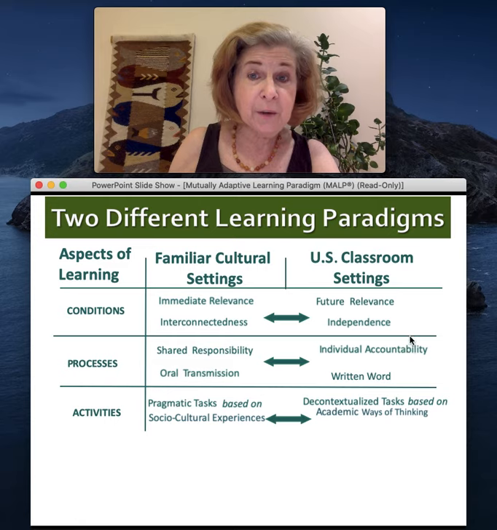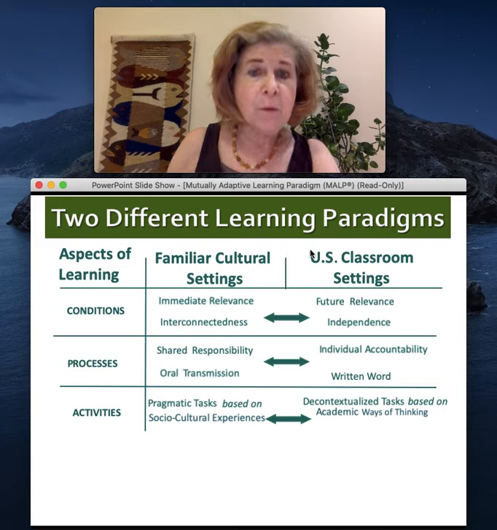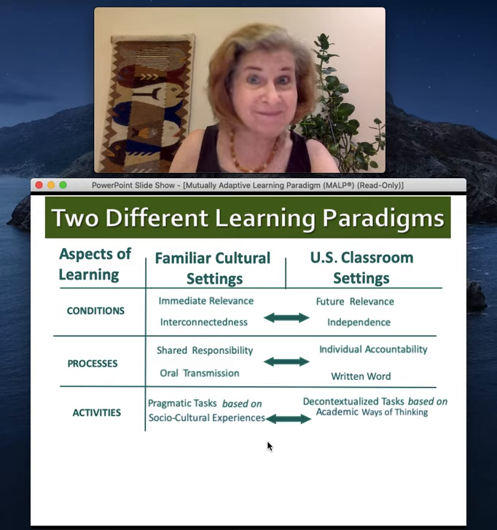And we'll talk later about the paradigm and what the difference is between those two, the conditions and processes, because that's a technical point having to do with analyzing lessons when we get to that. And then what about informal versus formal? So informal learning would be immediate relevance and pragmatic tasks based on sociocultural experiences versus future relevance and decontextualized tasks based on academic ways of thinking. How did you do? Okay.